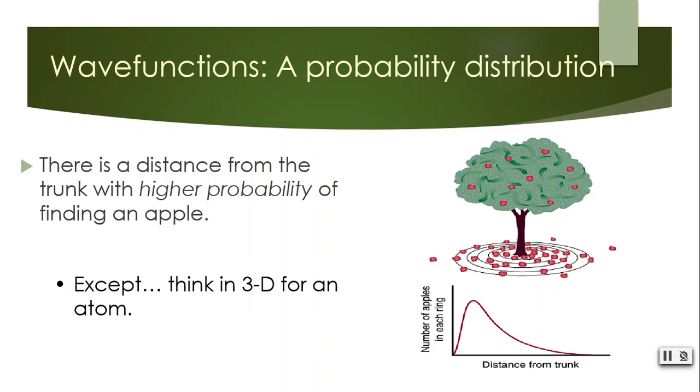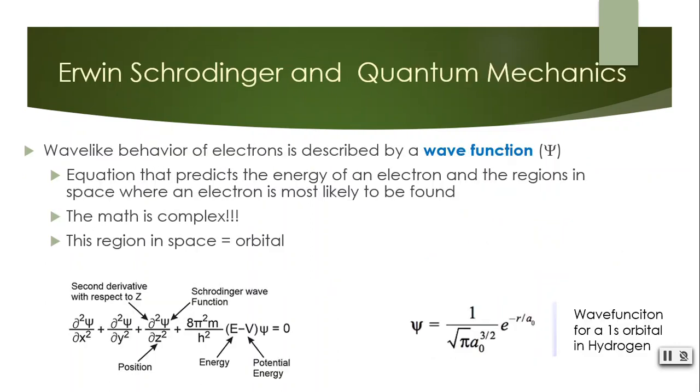That concept, think about it similarly, but in terms of 3 dimensions for an atom. There is a certain probability where it is most likely to find an electron in an atom, depending upon the element that you are dealing with. That probability is expressed in this wave function that Erwin Schrödinger derived.